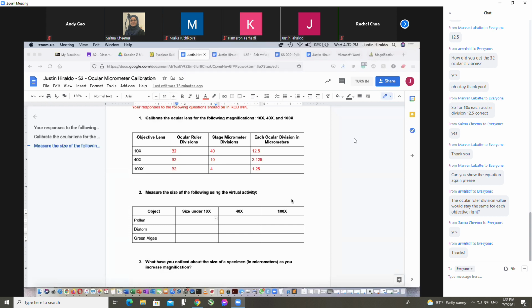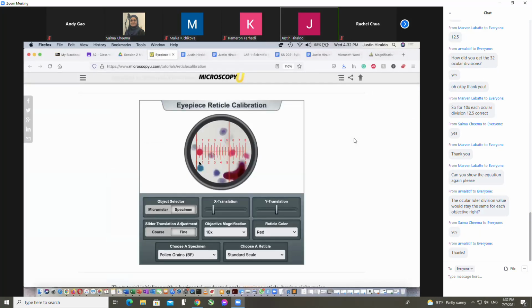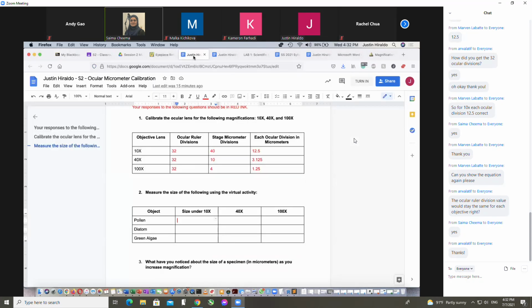Yep. Okay, so I was looking at the first one, which is Poland, and I was taking into consideration this pink one over here. Yeah, so I counted 4 units in the ocular. Then what I would do is the size under 10x will be 4 times 12.5, which is 50, right?